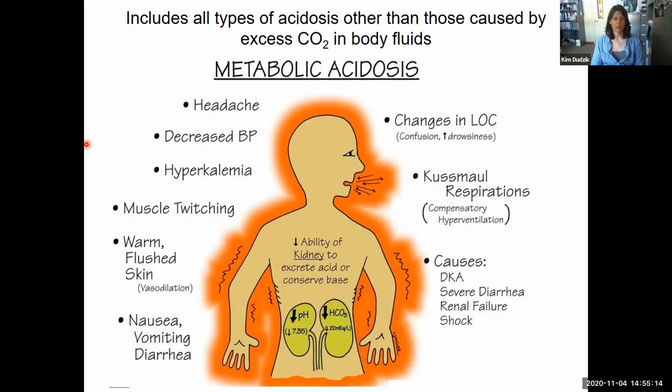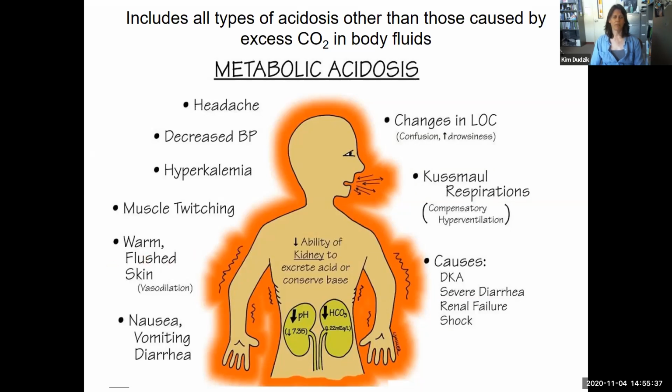Severe diarrhea, right? Diabetes mellitus can cause metabolic acidosis, and many times metabolic acidosis is the precursor to diabetes, right? Strenuous exercise, uremic acidosis. So if the kidney isn't functioning correctly, that's uremic acidosis.